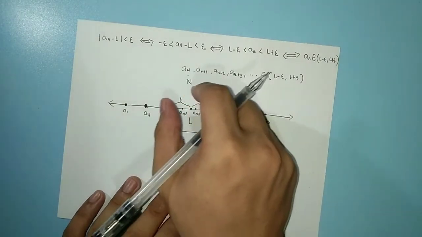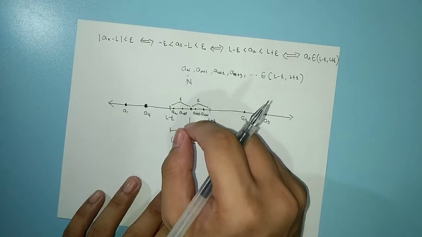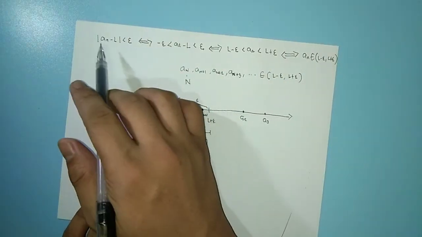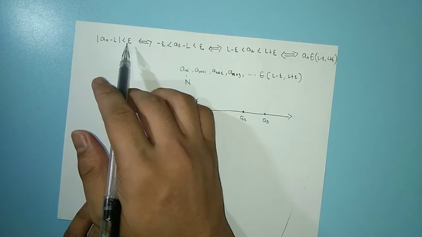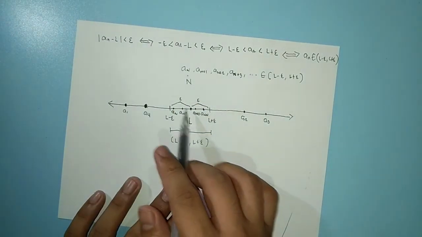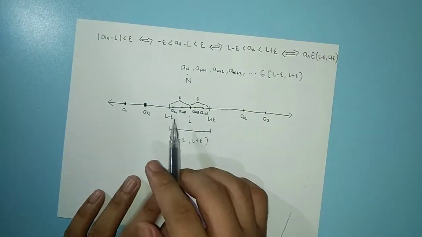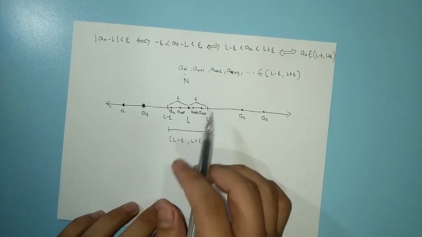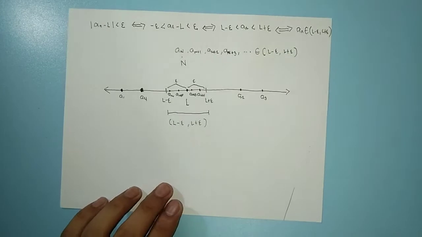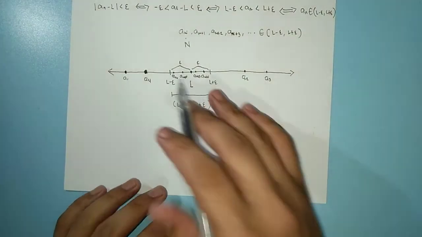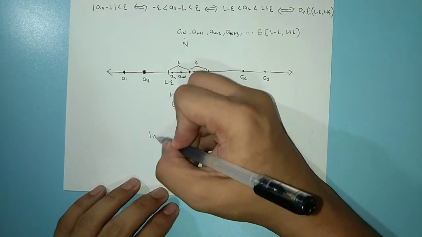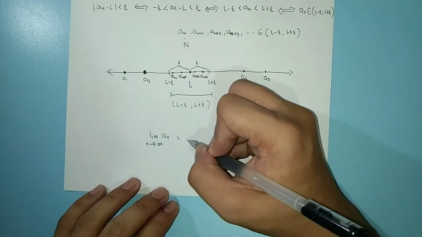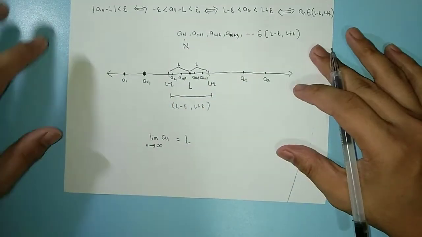So, it is always inside. This means its distance from L becomes smaller than epsilon because it no longer leaves the open interval. Okay? So, that is what convergent sequence and limit of a sequence say. So, in this case, we can say that the limit of A sub n as n approaches infinity is equal to L.